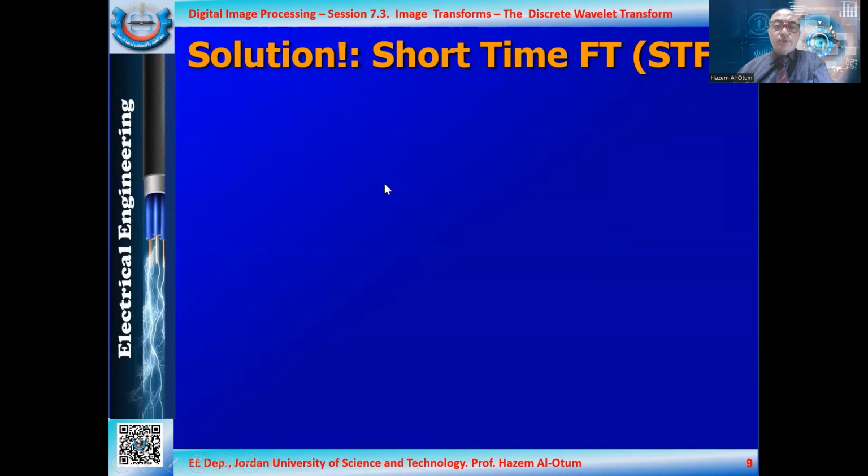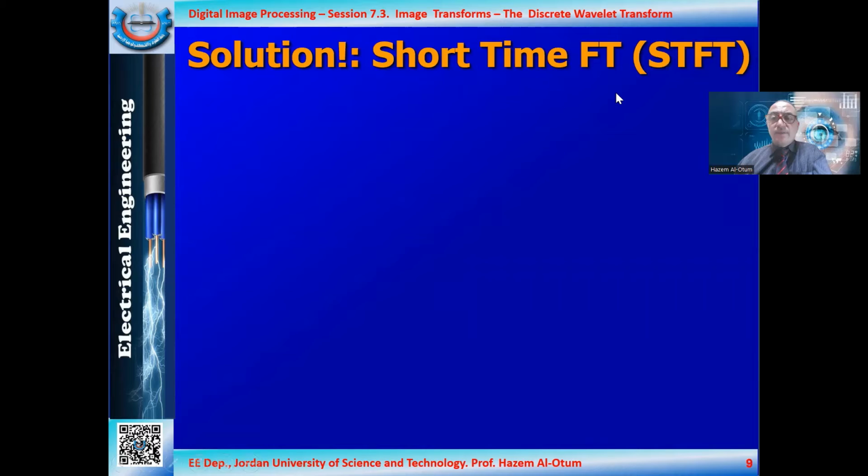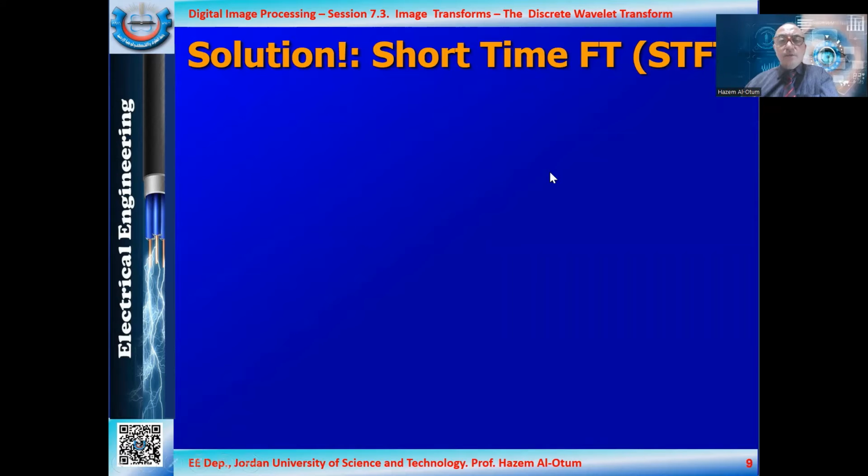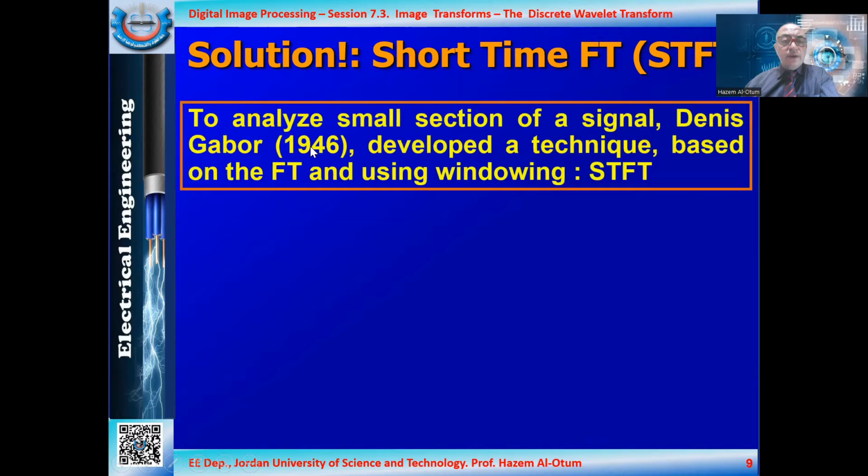What could be a possible solution is to use what we call the short-time Fourier transform, STFT. Actually, in 1946, Dennis Gabor developed the short-time Fourier transform using the windowing technique.